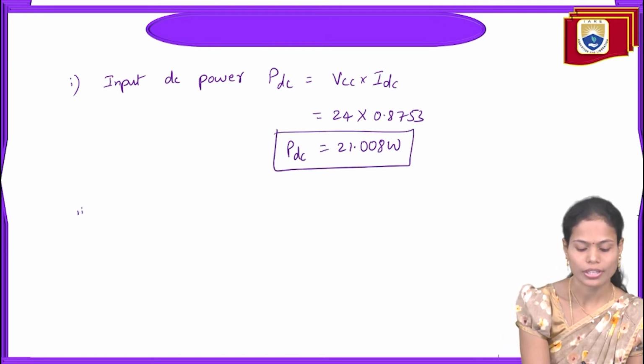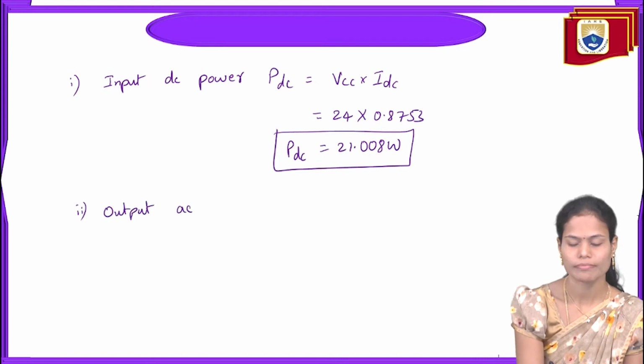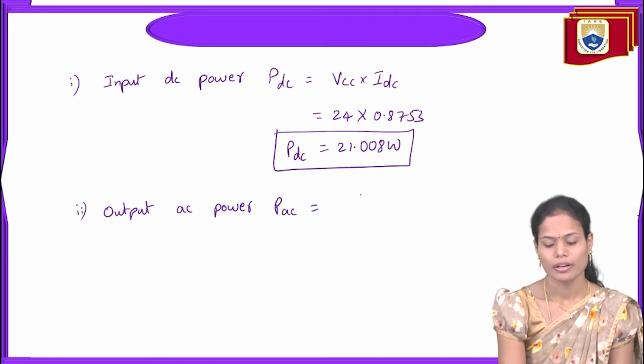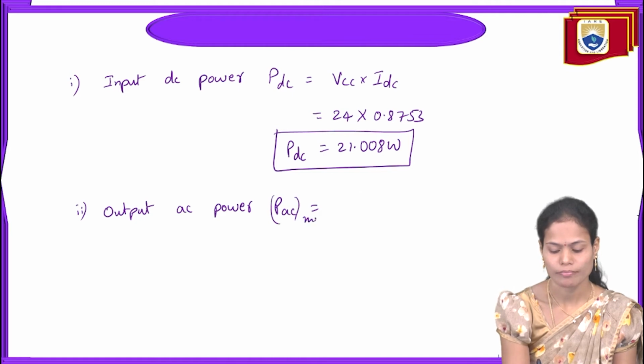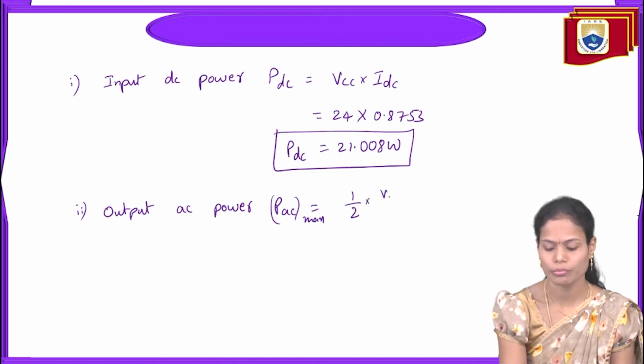And next we need to calculate the output AC power. The second parameter is output AC power, PAC. The maximum value of AC power is 1 by 2 into Vm square by RL.